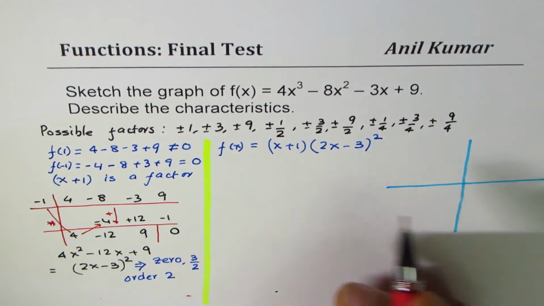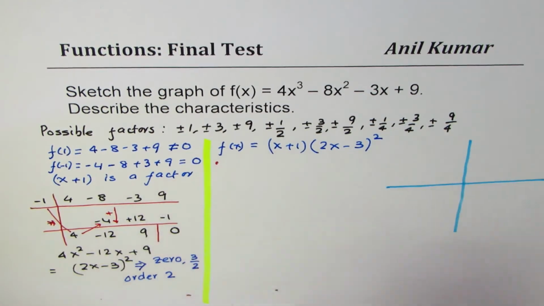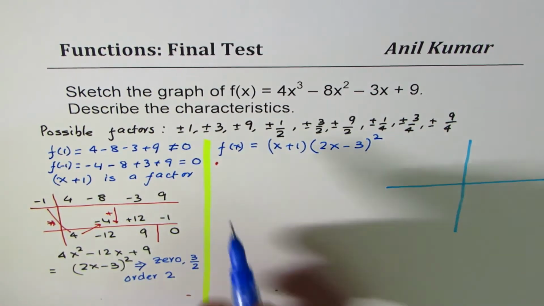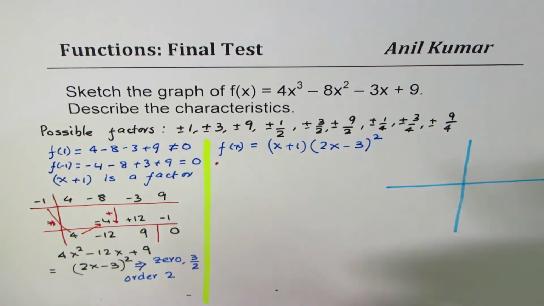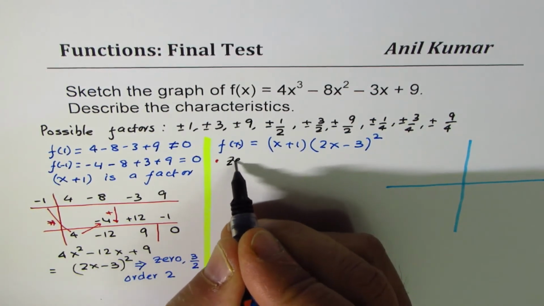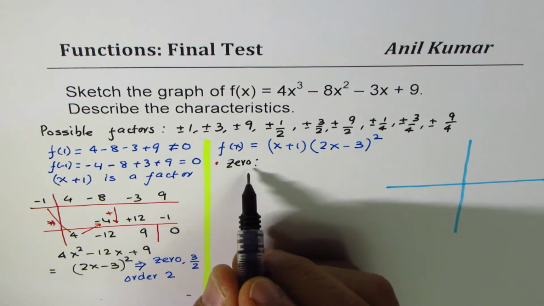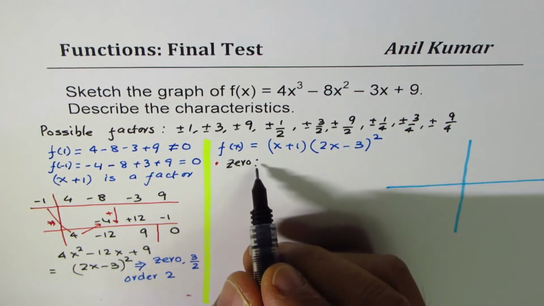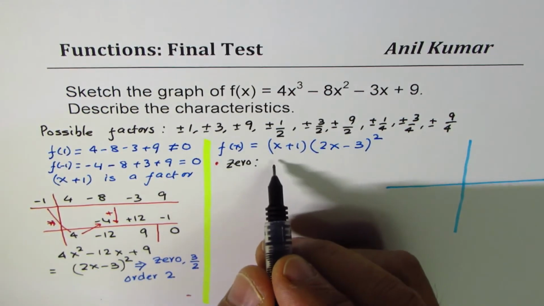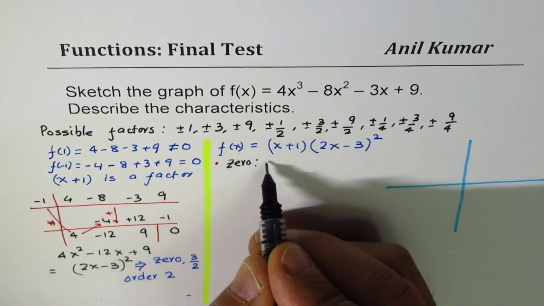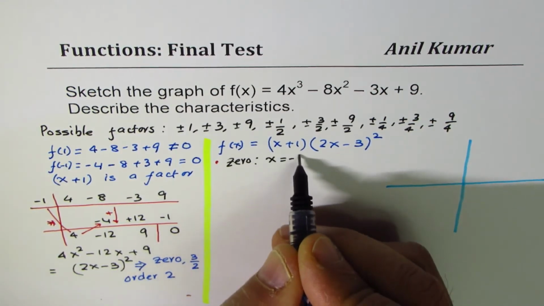So to make a sketch, we already know a couple of things which are very important. First, to begin with, zeros, or 0 is better, because with 0 we are giving linear multiplicity also. Intercepts do not really define that. So one is at x equals minus 1.